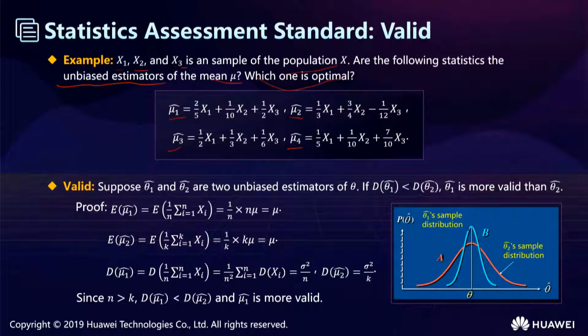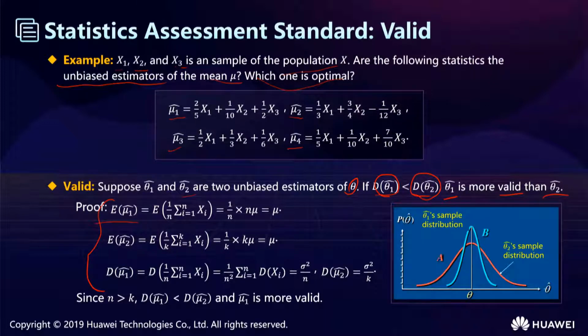So let's suppose that theta 1 hat and theta 2 hat are two unbiased estimators of theta, and if the variance of theta 1 hat is smaller than the variance of theta 2 hat, then we can say that theta 1 hat is more valid than theta 2 hat. The proof of that is a standard process, and we don't talk more about that.